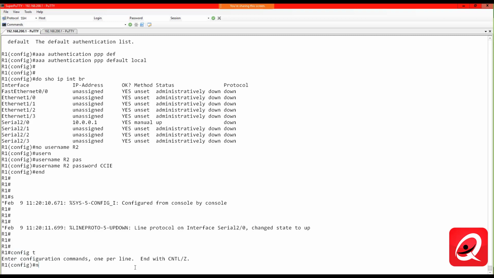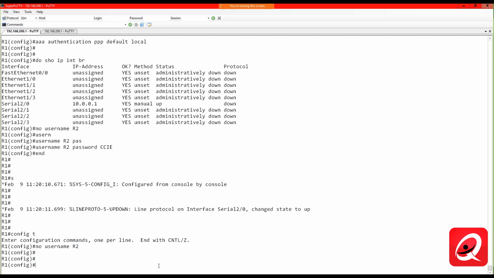Let me experiment with that real quick. So no username R2, because we can see that the status changed to up based on the authentication. We should see the PPP link go down. Show ip interface brief.